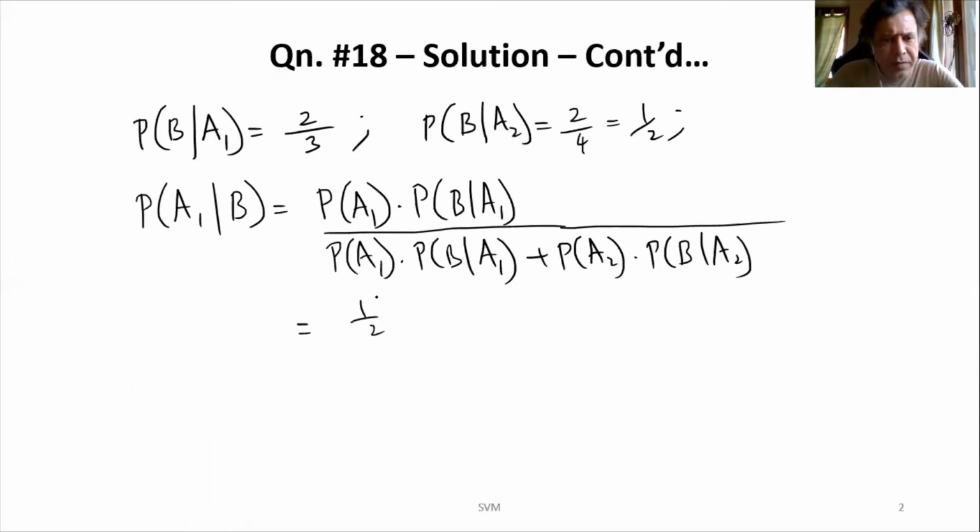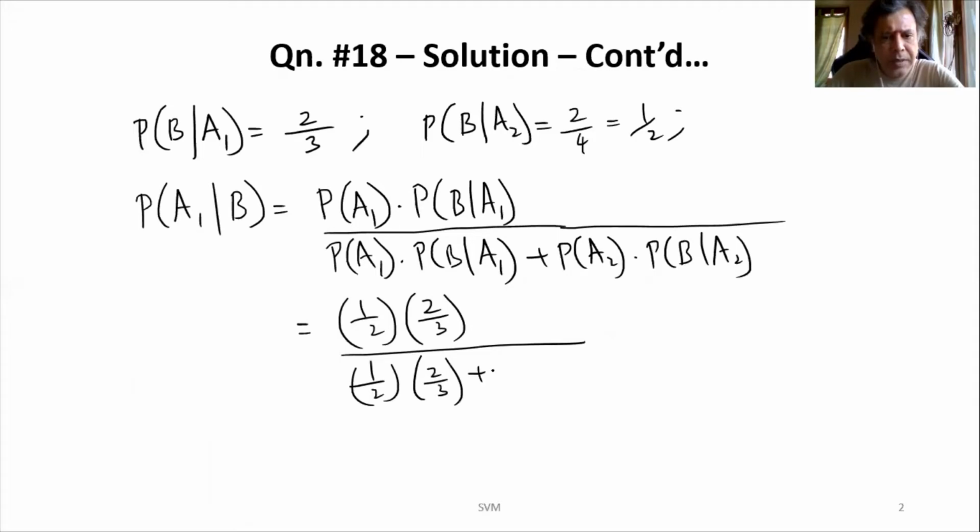This is half. B given A1 is 2 by 3, plus the probability of A2 also half only, because it is about choosing any of the two urns. Then B given A2 is half. It is available above. Here it is. Right? Now I can cancel this with this, this with this.